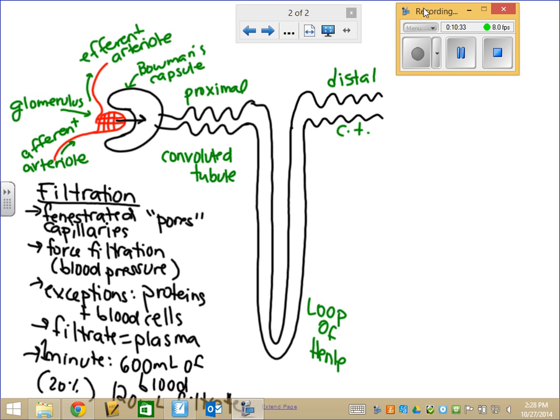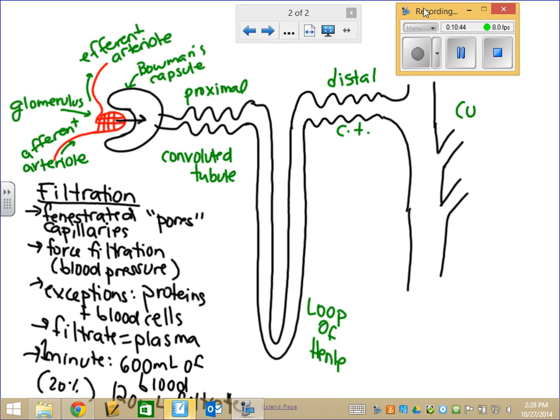At the end, this connects to a big long tube that will have branches sticking out of it. And this is called the collecting duct. Yes. Convoluted tubule. It's the same as the name on the left side of the loop of Henle.